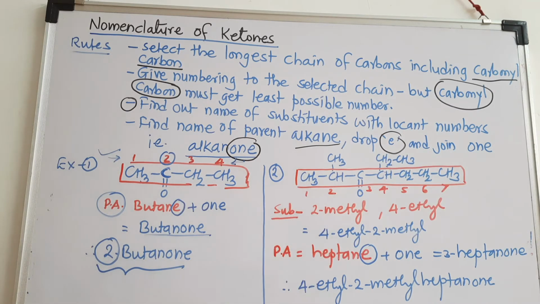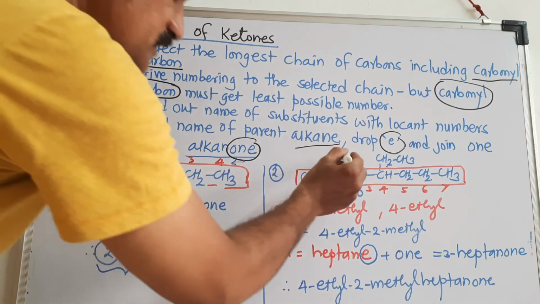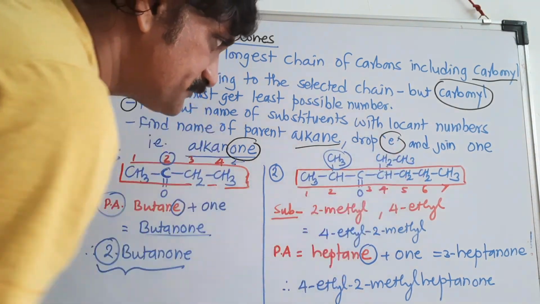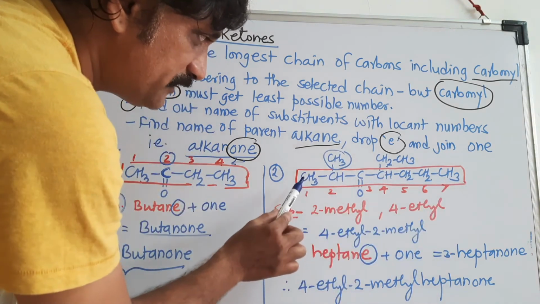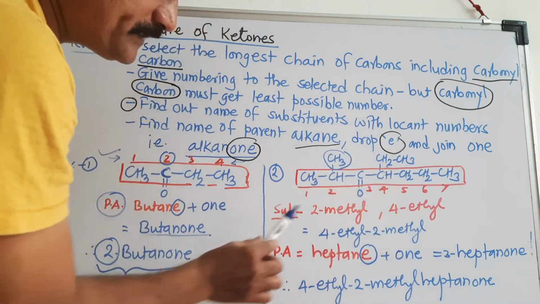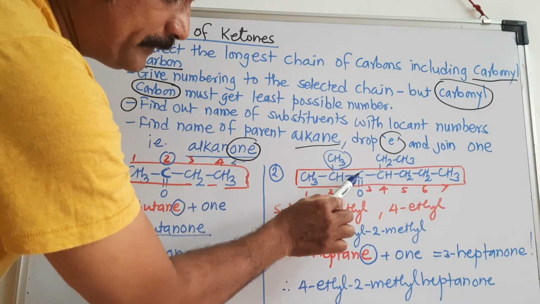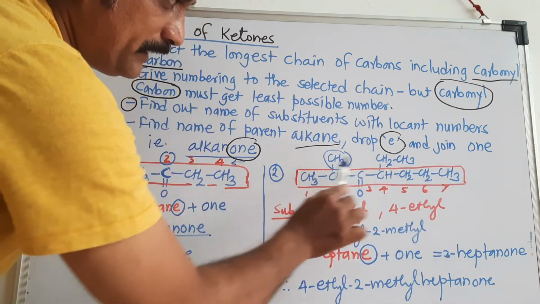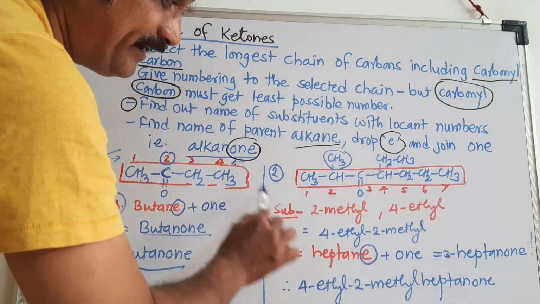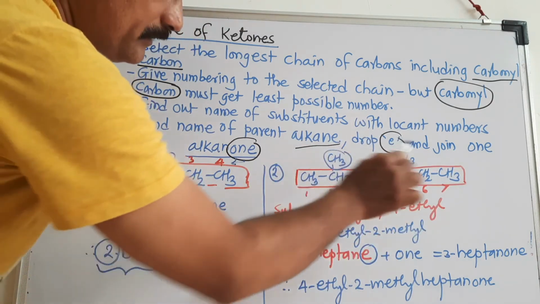I have taken here one more example where 2 substituents are present. One is this substituent and another is this substituent. Now again, I have to select the longest chain where the maximum number of carbons is present along with the carbonyl carbon. So because of that, I have selected this longest chain, which I have shown here by using red color.